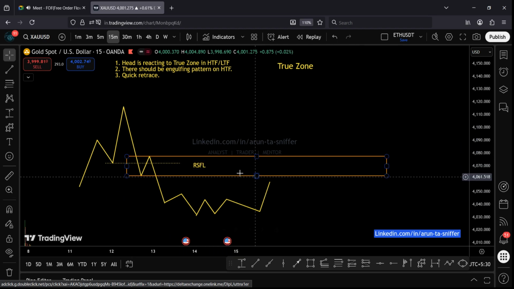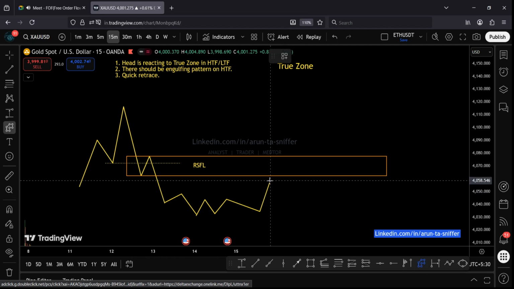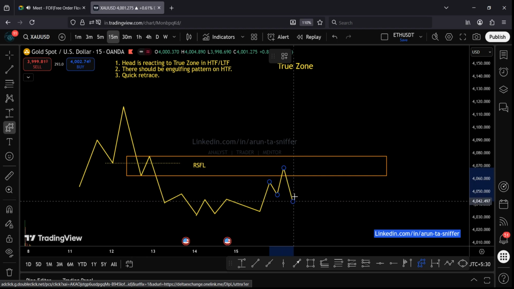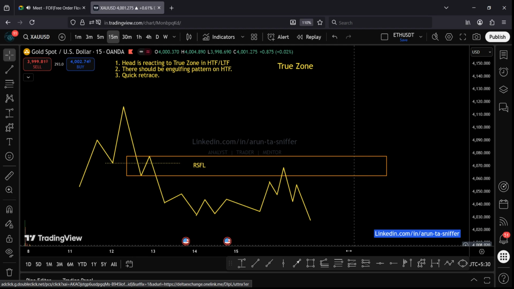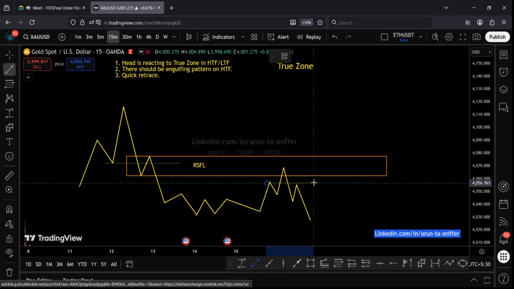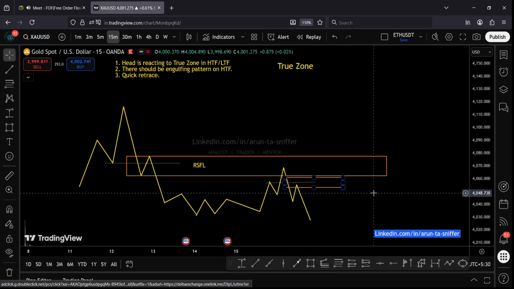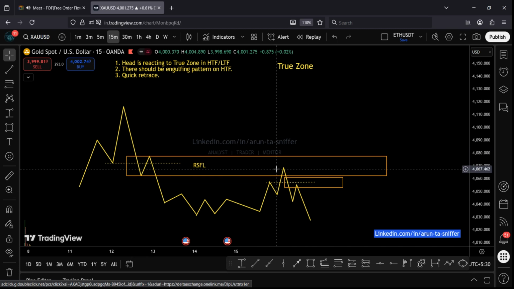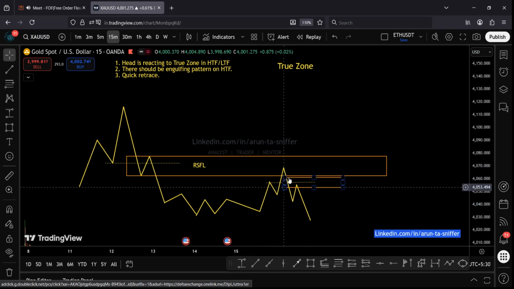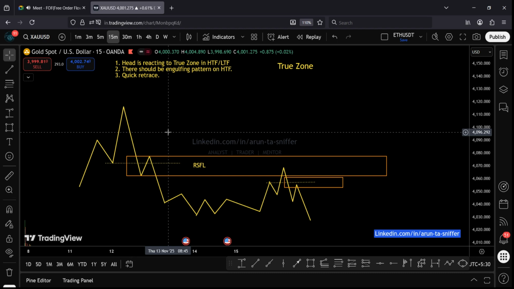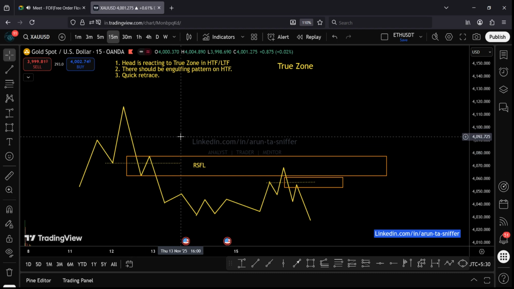This RSFL will work as a true zone, and then we will wait for the PA here. Right, we will go to LTF, lower time frame, and wait for the PA to take place and then enter here. Then right, this is our true zone. RSFL works as a true zone.